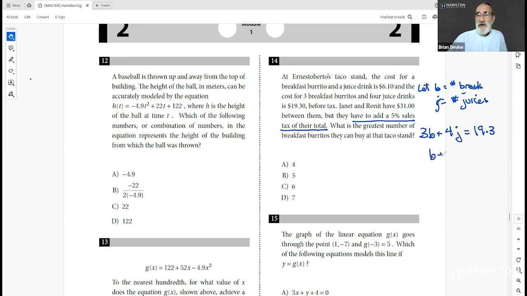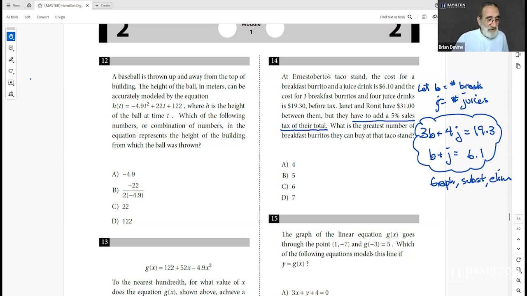And B plus J is going to equal 6.1. So this is a system of equations. Now, I can solve that by graphing it. Let B be X and J be Y. I could use substitution, or I could use elimination. Whatever I do, I can find the answer there.